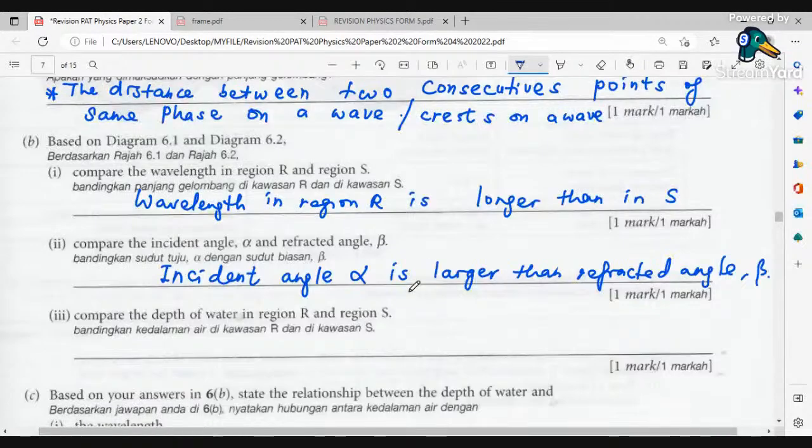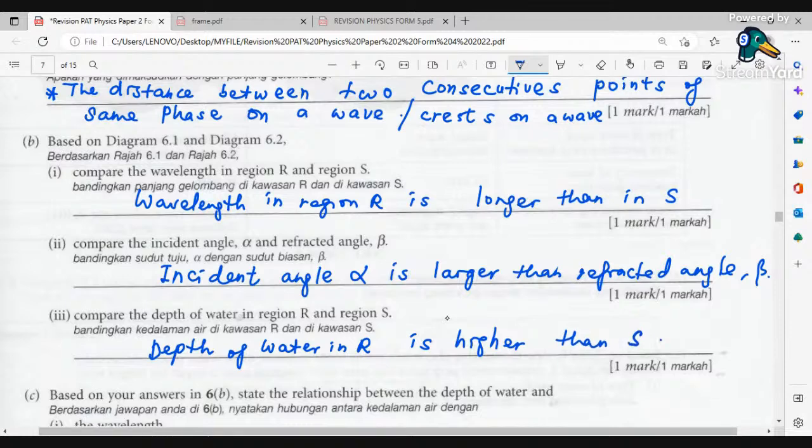Compare depth, okay, of water in region R and S. You can see wavelength R is longer, meaning R is deeper. So depth of water in R is higher atau deeper pun boleh. Is higher pun boleh ya. Higher atau larger than S.